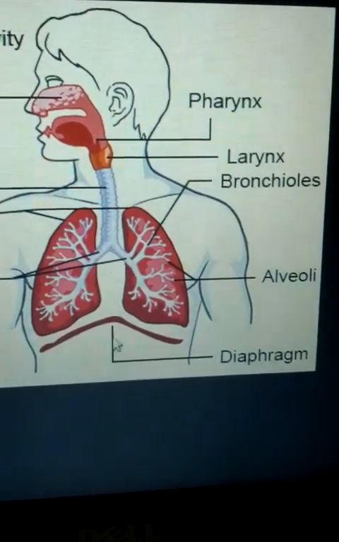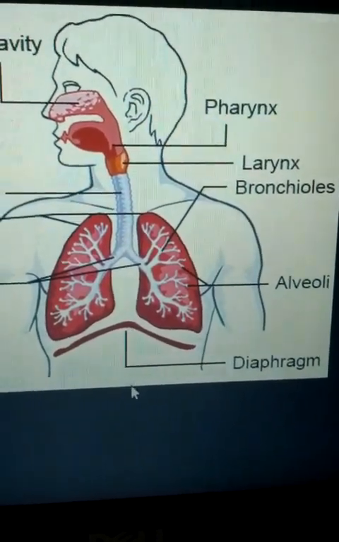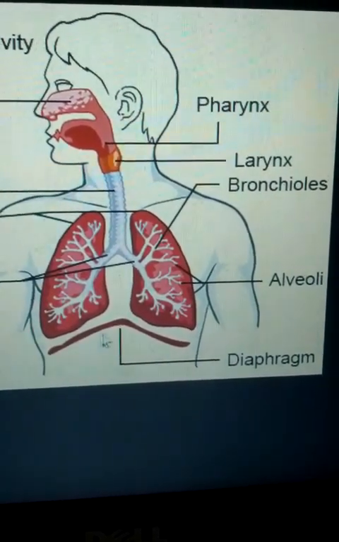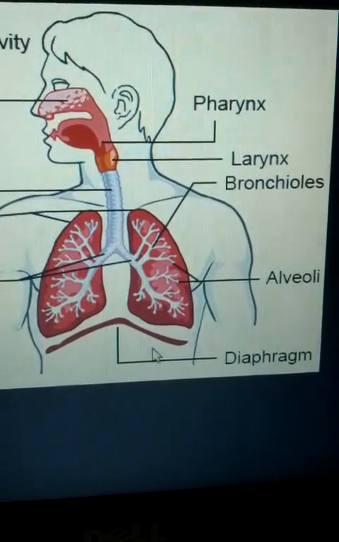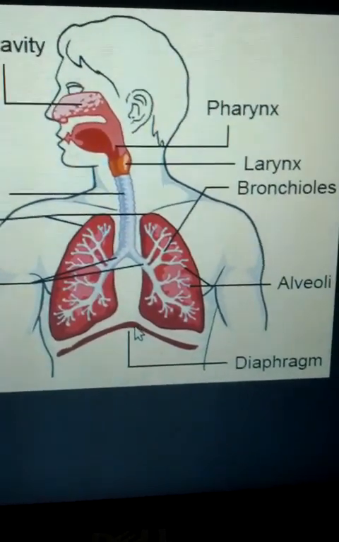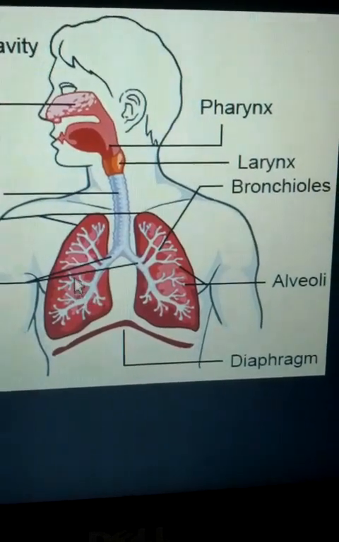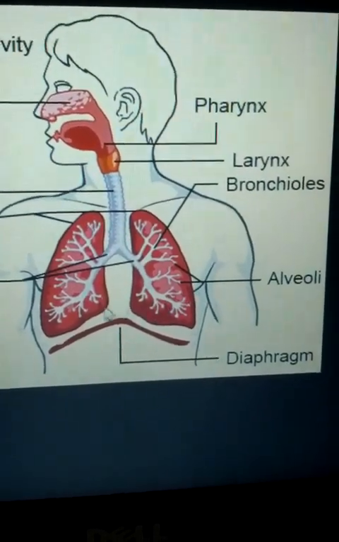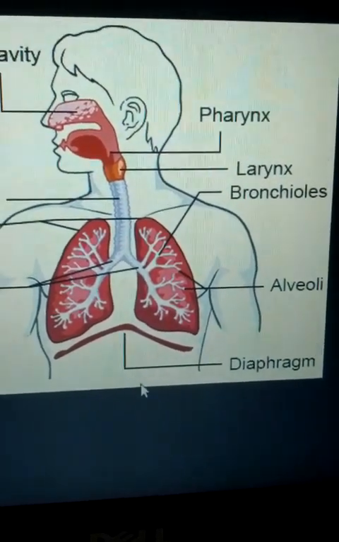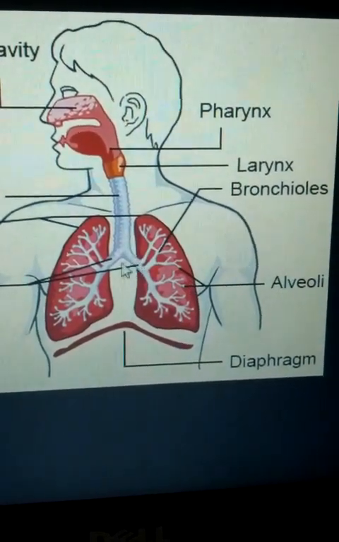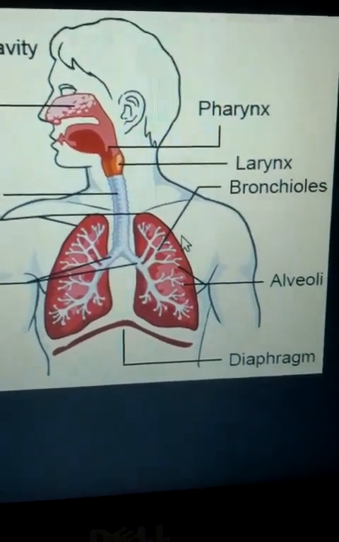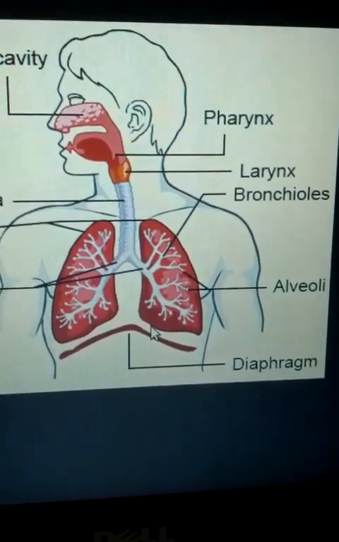This diaphragm can move downward and upward. In this diagram, the diaphragm is moved a little upwards. When it moves upward, the pressure decreases inside the chest. When it moves down, the volume increases and pressure decreases.